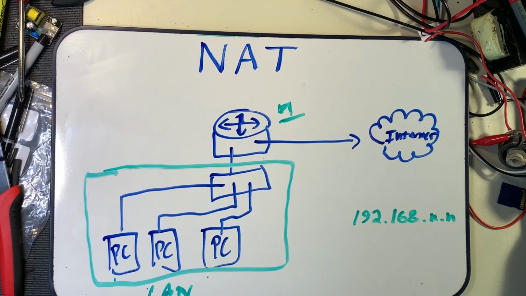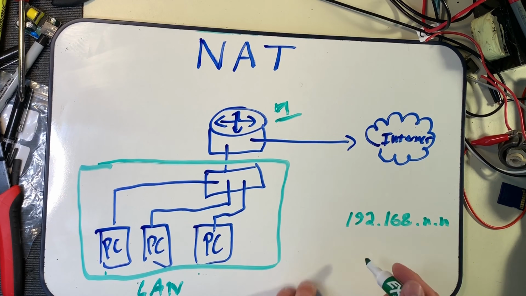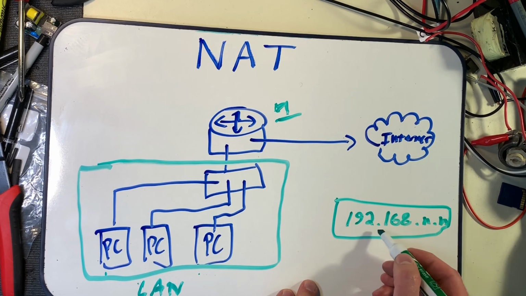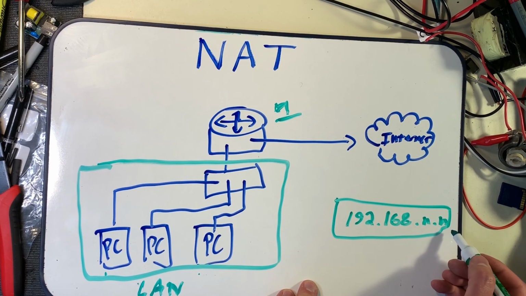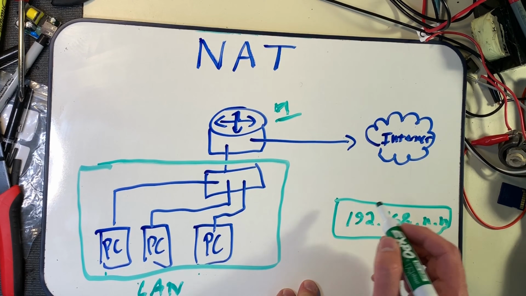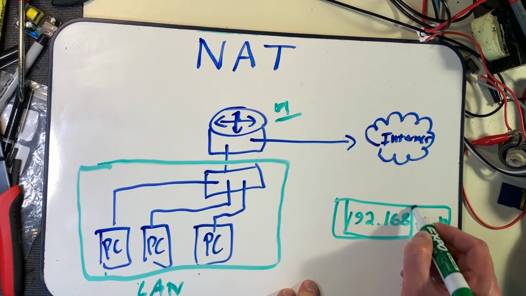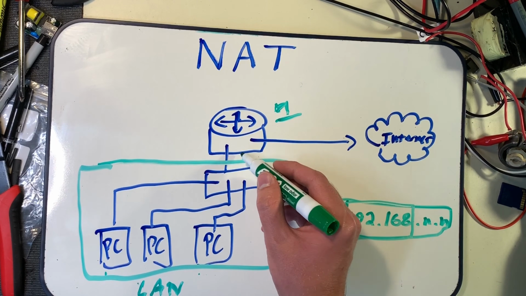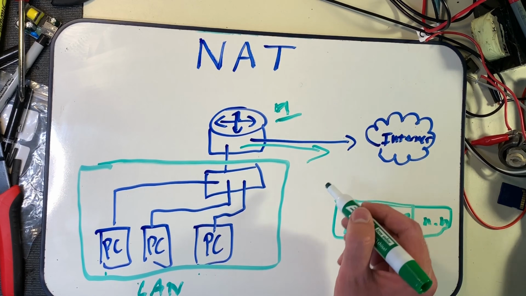And there are several different private IP address spaces. Most predominantly, probably the one that you most recognize is this one here: 192.168.something.something. Any address that begins with these numbers, 192.168, is considered to be a private IP address, which means that it is not able to be routed to the internet.